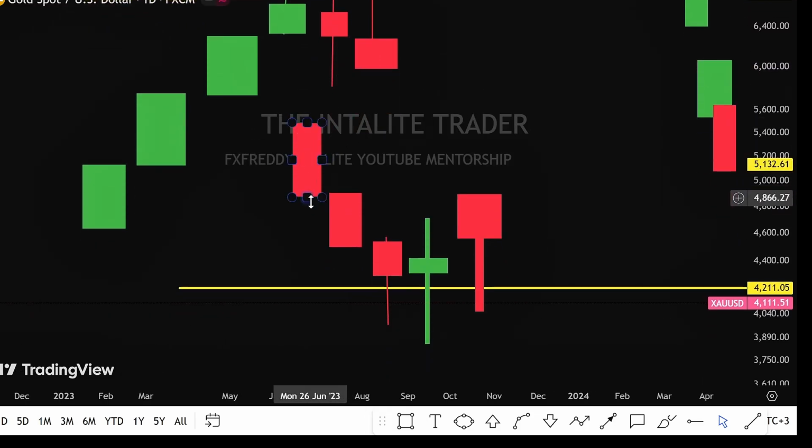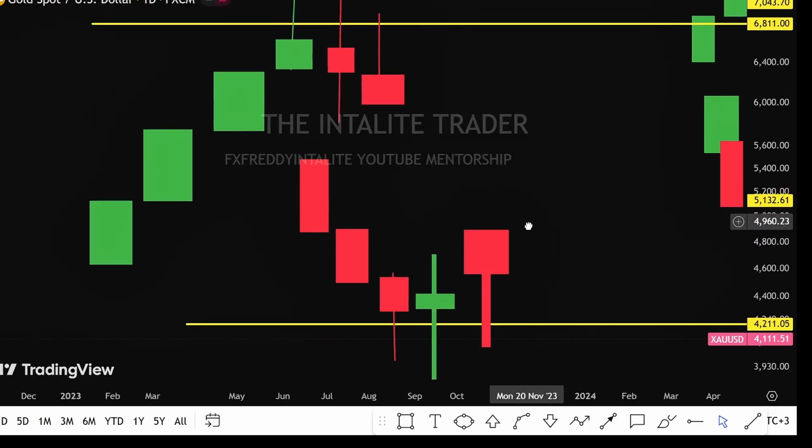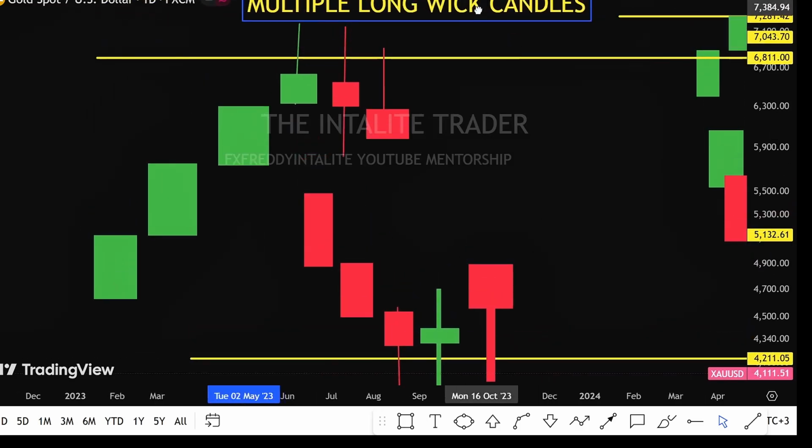Then we have also this. You see sellers are pushing price lower and buyers are holding the level strong. Sellers have tried 3 times to break lower. Buyers keep opening up positions. So this tells you the area you are in is of key interest to the sellers.